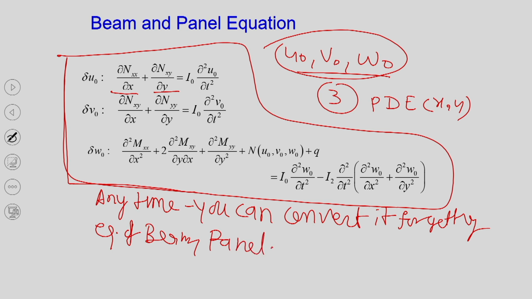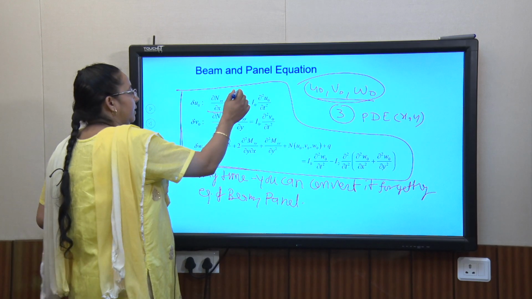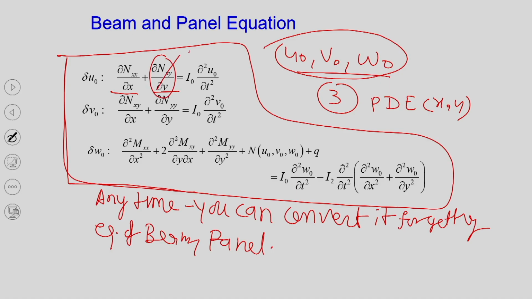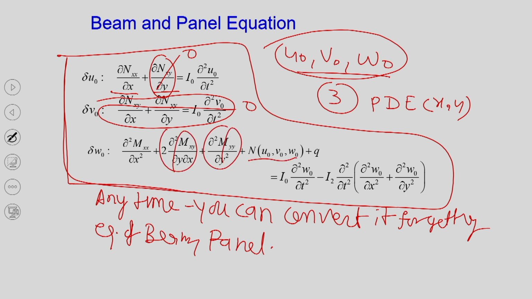In the beams there is no y coordinate, so no dependence on that. So, this equation will not contribute and this will not be there, and similarly here this will not be there, and some of the components will not be there. So, this equation reduces to a beam equation or a panel equation.